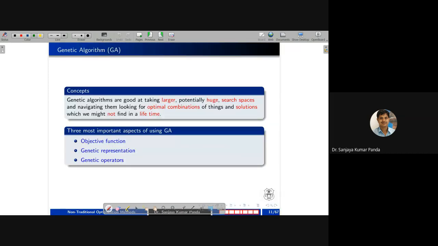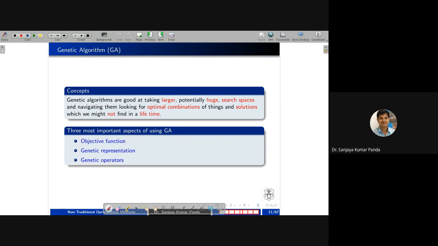So the main concept behind the genetic algorithm is that genetic algorithms are good at taking larger, potentially huge search spaces and navigating them, looking for optimal combinations of things and solutions which we might not find in a lifetime. So first, before applying the genetic algorithm, you have to decide whether it is applicable for my problem or not.